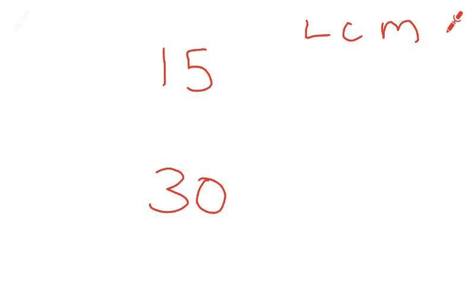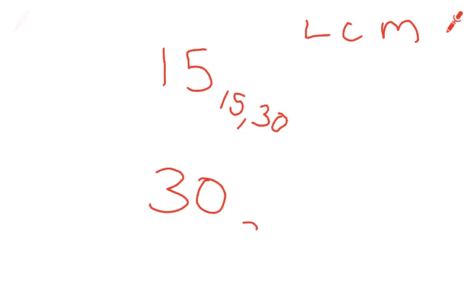Let's do H. H is 15 and 30. What is the lowest common multiple for 15 and 30? This one we have big numbers to start with, but it's still kind of an easy one. Your multiples of 15 are 15 and 30. Oh, there it is.